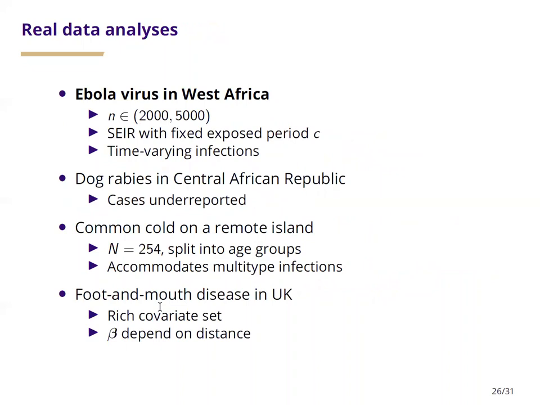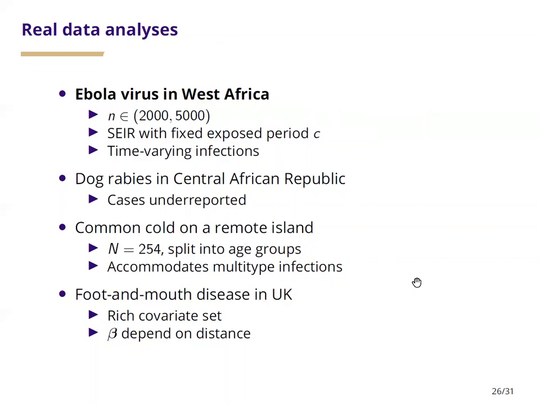Finally, I did some real data analyses. The one that I'll highlight here is an Ebola virus epidemic in West Africa with somewhat large numbers of infected. But I also studied a dog rabies epidemic in Central African Republic, where I suspect some underreporting of cases, a common cold epidemic on a remote island in the Atlantic Ocean, where I demonstrate the ability to have multi-type epidemic models where we have infections that vary by, say, age groups.